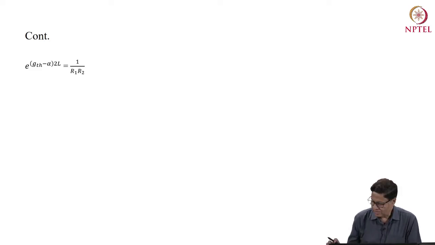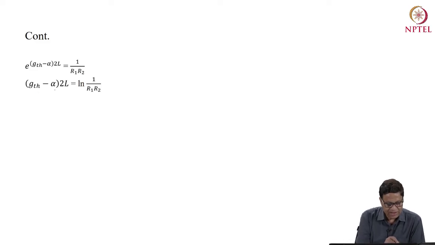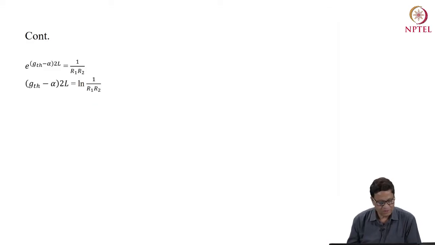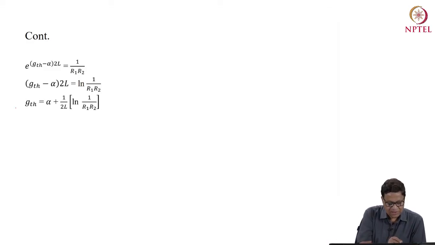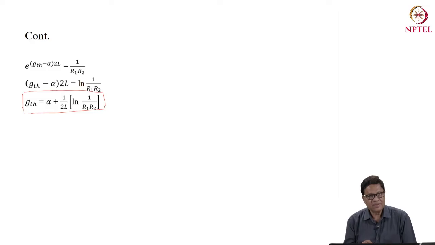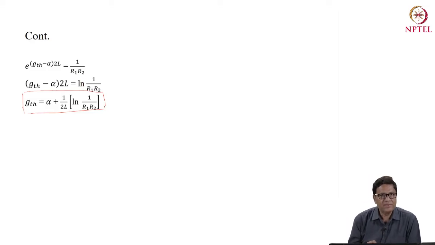Taking log natural on both sides, this gives me (g_th minus alpha) into 2L is equal to log natural 1 by R1 R2. And this is the expression for the g threshold, that is the gain required: alpha, the loss happening inside the laser cavity, plus 1 by 2L into log natural 1 by R1 R2.